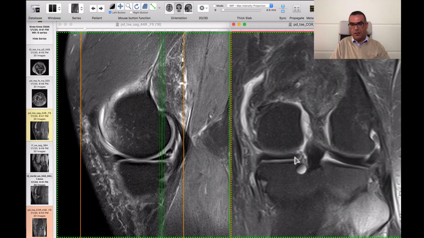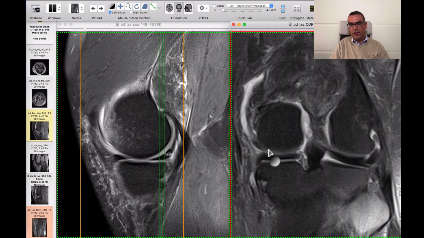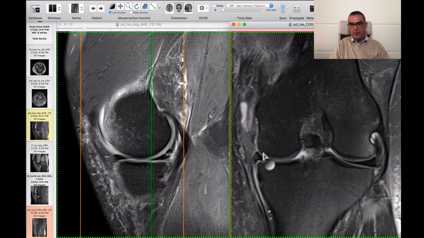So this is the posterior horn of the medial meniscus. The root is just reaching the medial condyle edge. You can call this a tiny meniscal root, but there is definitely a pathological area at this site.